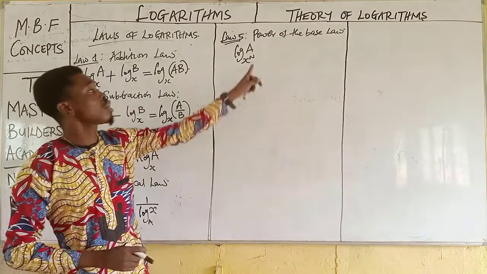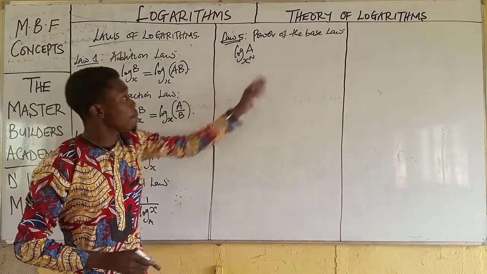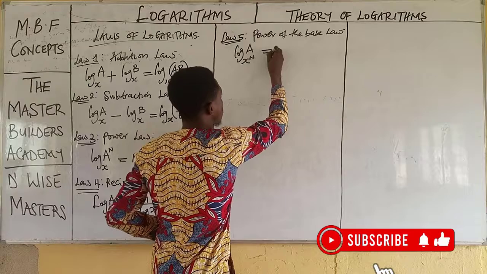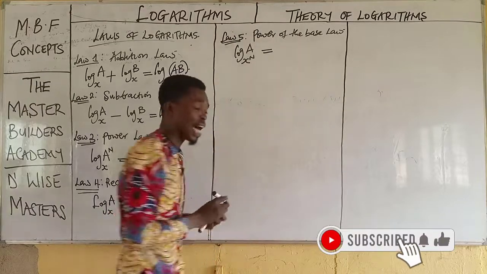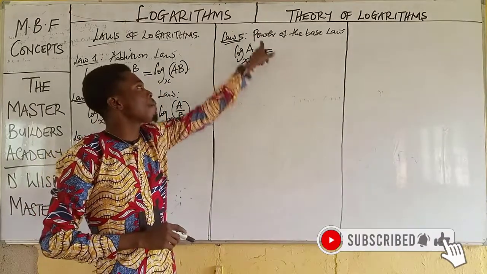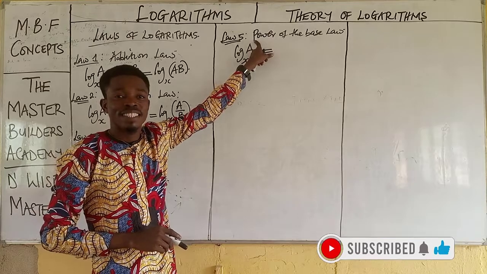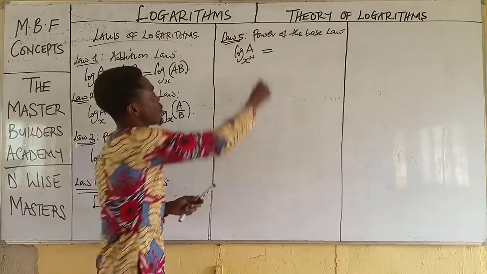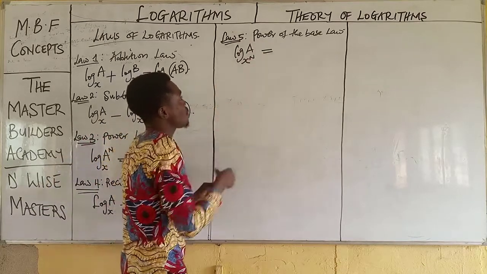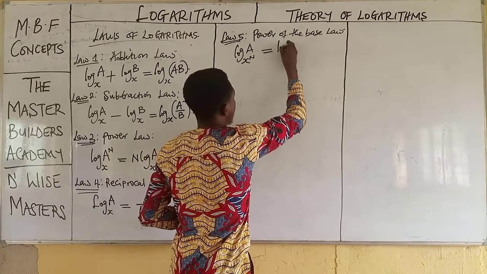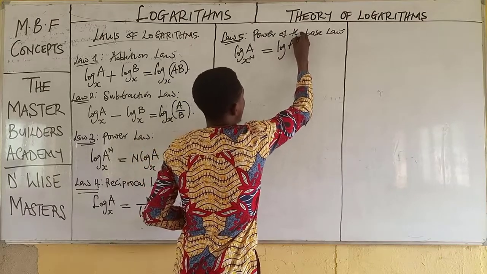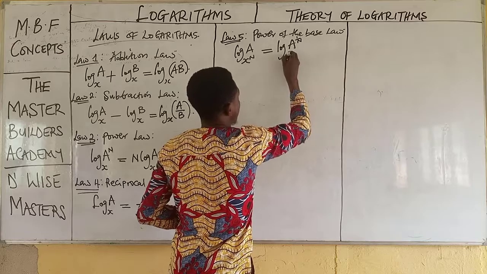And how do you remove this power here? To remove the power, all you simply need to do is to take it as a reciprocal and it becomes the power of the number. So if I am removing this power from here, automatically this will become a raised to the power of 1 over n, then x.